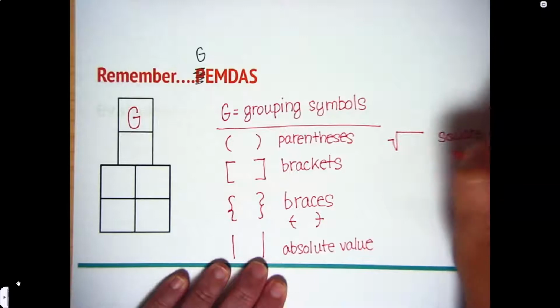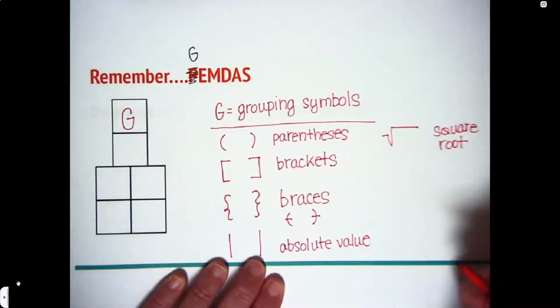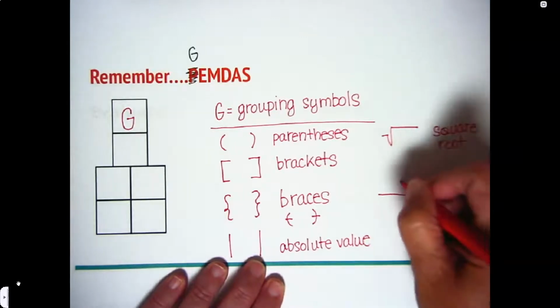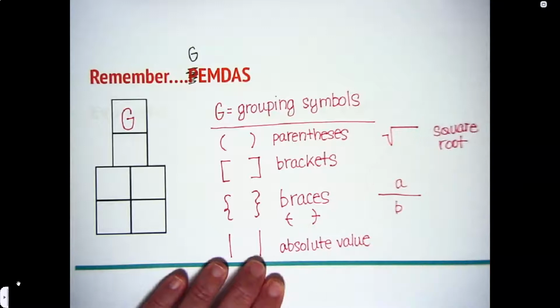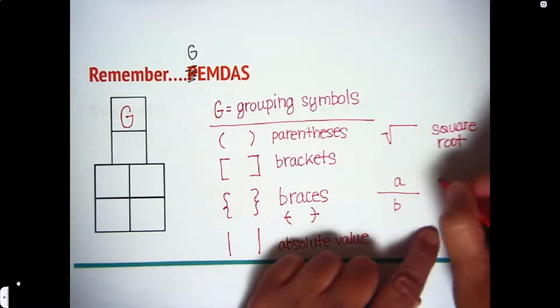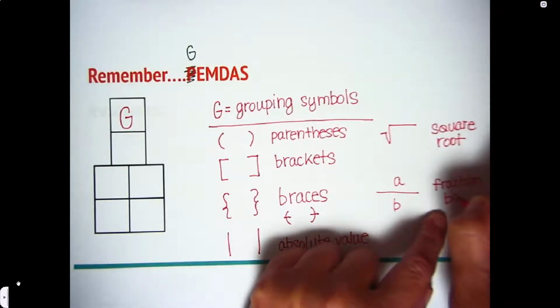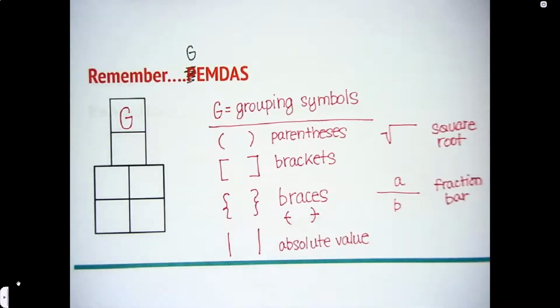That is a square root. That can be used as a grouping symbol. And then the final one, A over B, that fraction bar that separates the A from the B is also a type of grouping symbol.